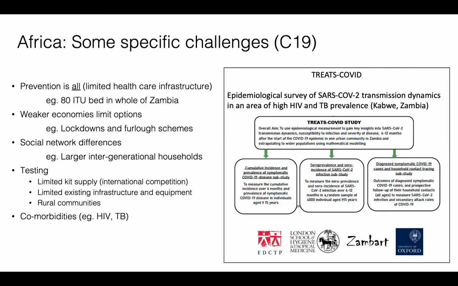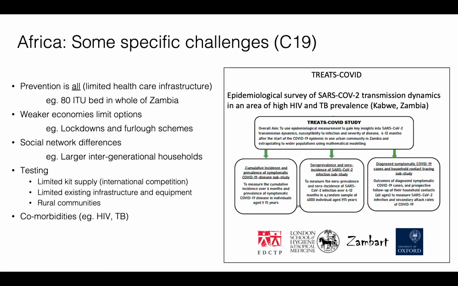So these smart solutions that we can come up with may have relevance for those reasons, but have to account for the fact that social networks are very different, and have to account for capacity for testing, which is very limited.